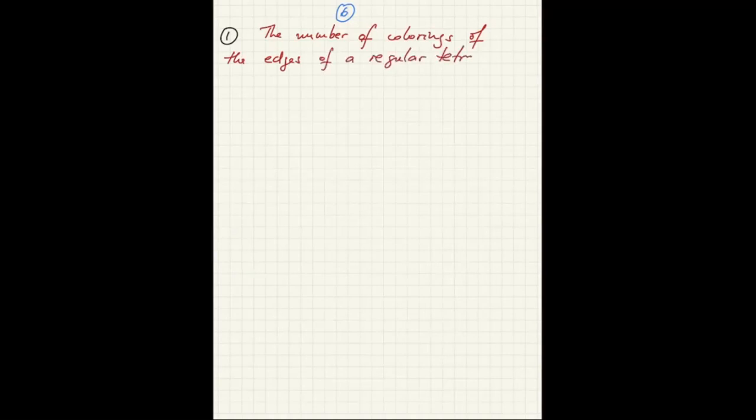So let's go back to one of the examples that we stated at the beginning. Let's say we're looking at the number of colorings of the edges of a regular tetrahedron that are invariant under rotational symmetry.